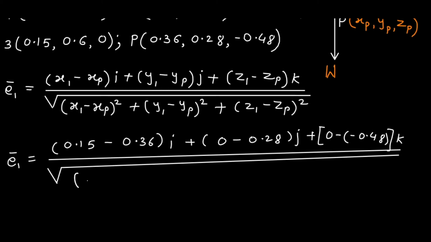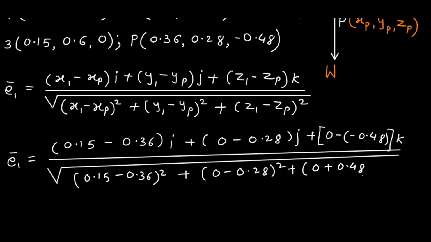That is 0.15 minus 0.36 square plus 0 minus 0.28 square plus here 0 plus 0.48 square.